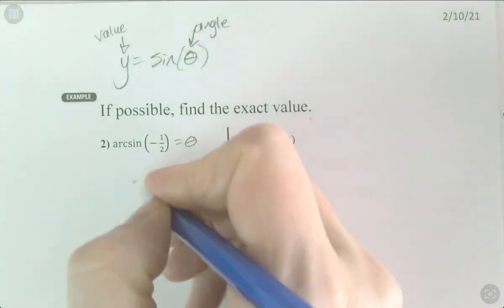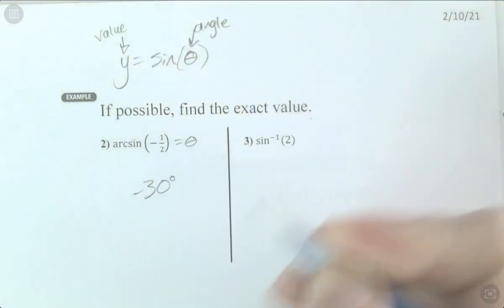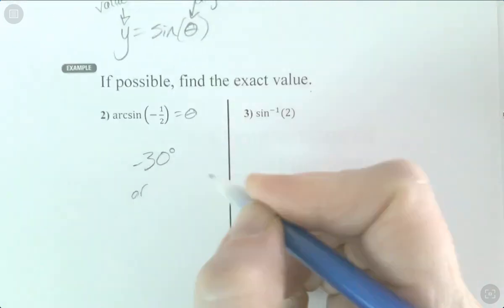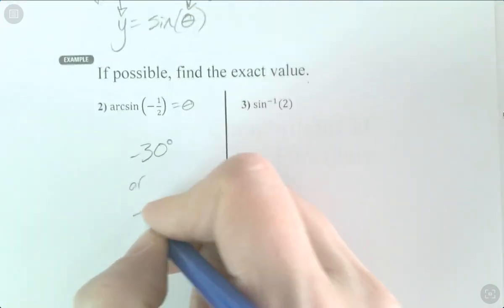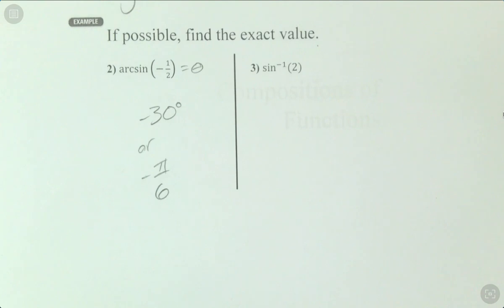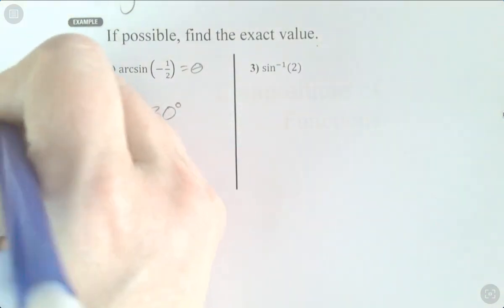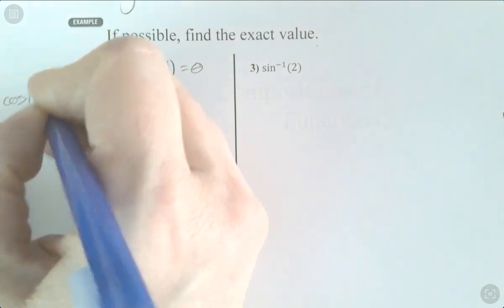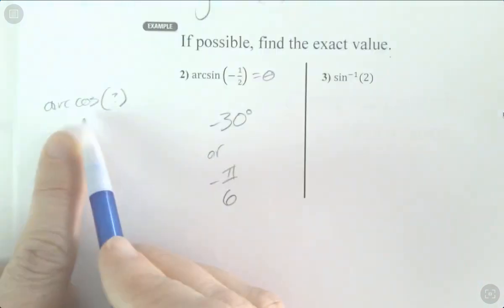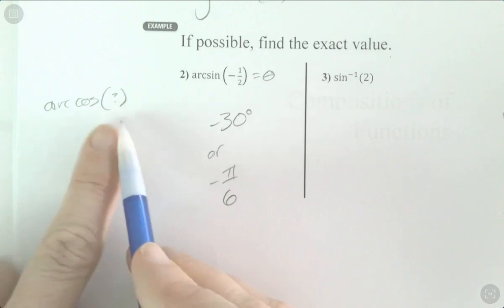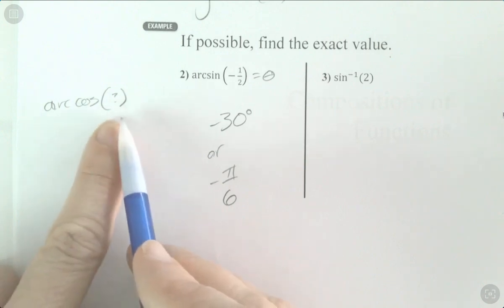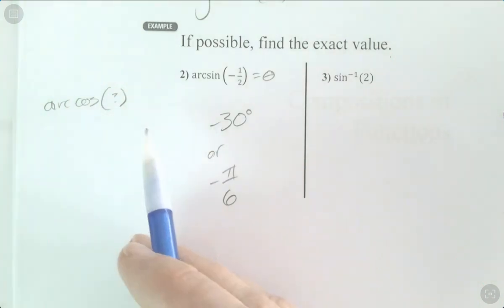So you have to give negative 30 degrees, or if you were answering in radians, negative pi over 6. Usually it'll specify if you want degrees or radians. So whenever you see this notation, an arc cosine of some value, this really means find the angle whose cosine is equal to that. So we're answering in angles instead of giving angles and finding the value.